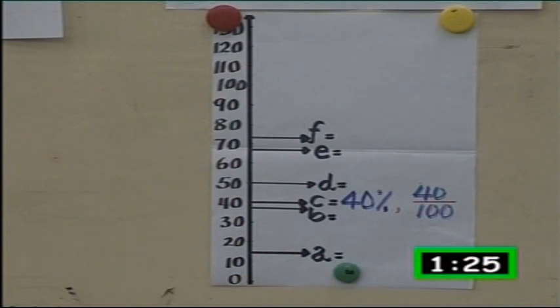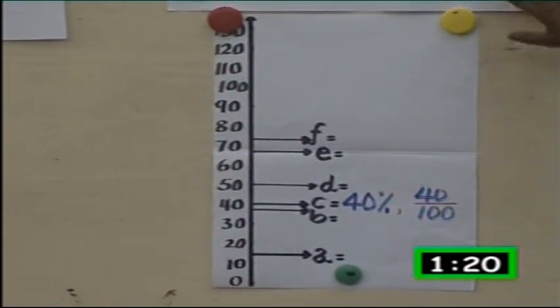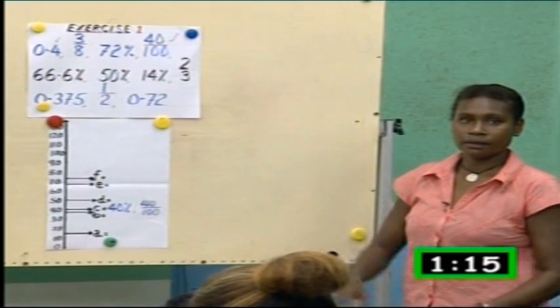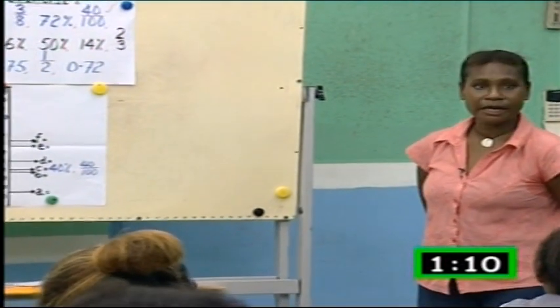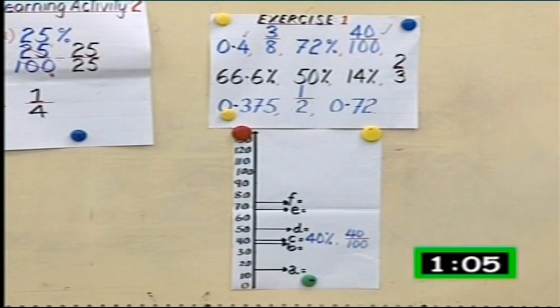And also 40 over 100. Check these other numbers here. Where do they come on the number line? You only do letter D and I will come and check.